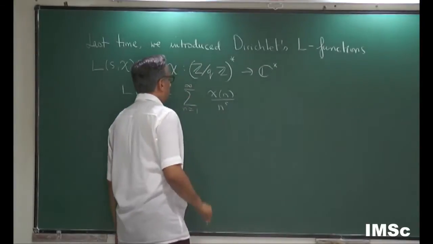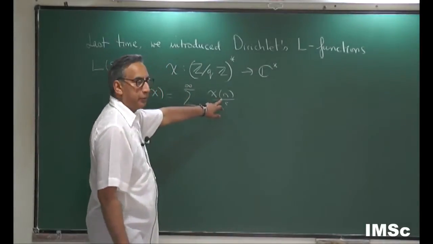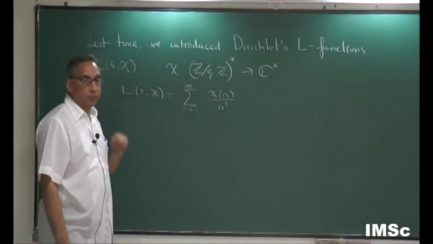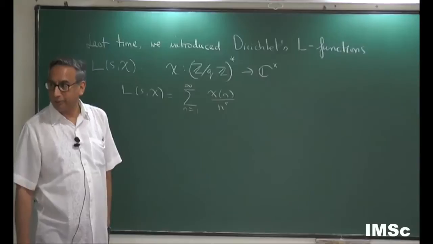the Dirichlet series like so, simply by setting chi of n to be chi of the residue class of n mod q. If n is not coprime to q, chi of n is just set to be 0.